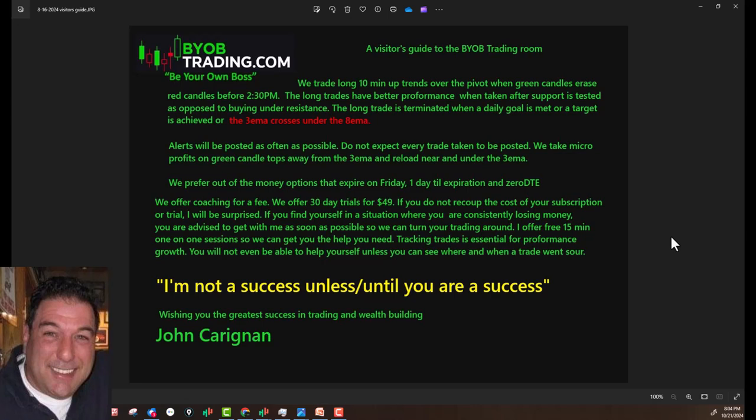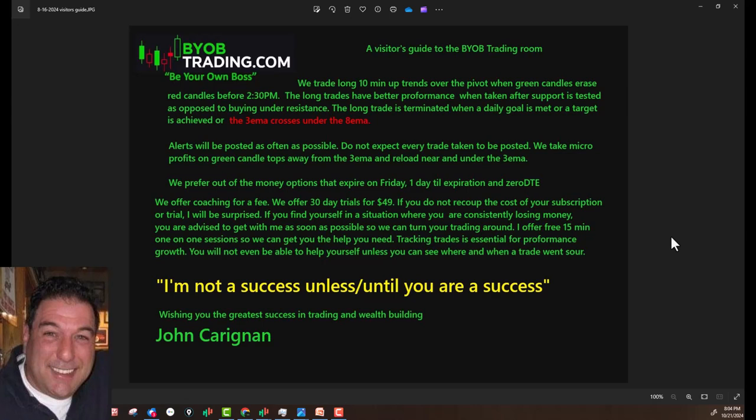Long trades have better performance when they're taken after support is tested and you see the bulls step in. Taking a long trade right up underneath resistance is not my favorite. It's a chance, but it's like trying to jump inside a room with a very low ceiling. It's not easy to get through that.